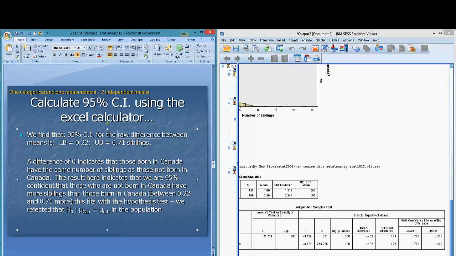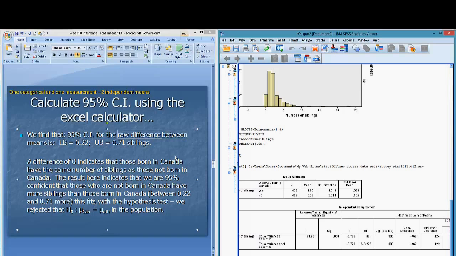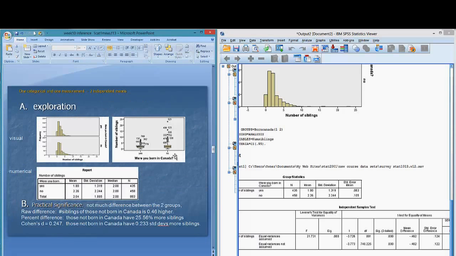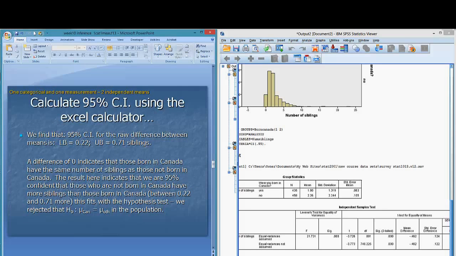And in this case, the raw difference, if you remember back here, was that those not born in Canada have 0.46, so almost half of a sibling more. And here what I find is that the lower bound is 0.22, so almost a quarter, up to almost 3/4.